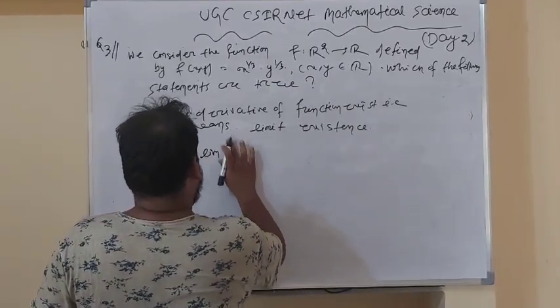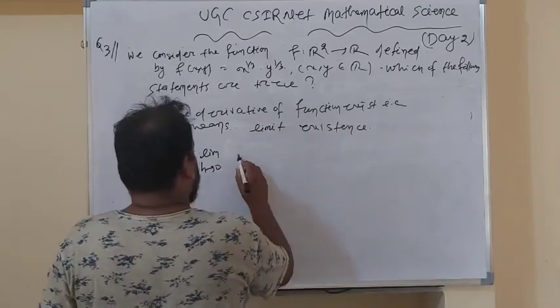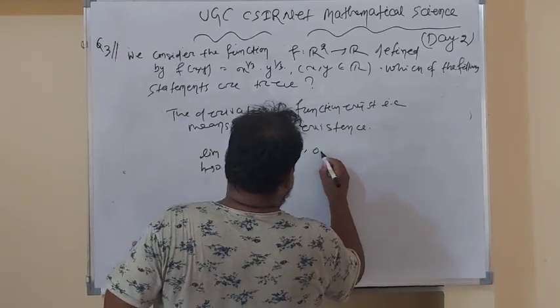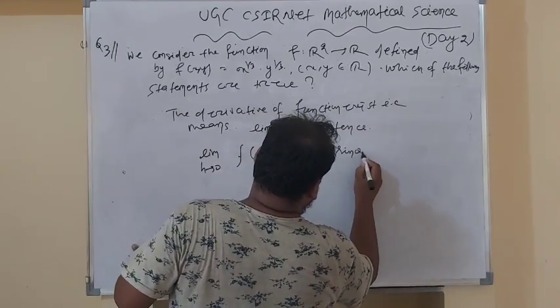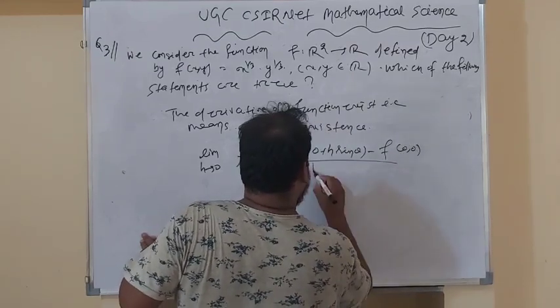So the derivative is the limit as h tends to 0 of f(0 plus h cos theta, 0 plus h sin theta) minus f(0,0), divided by h.